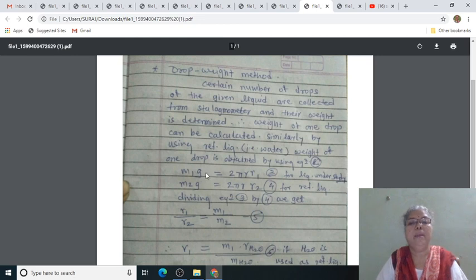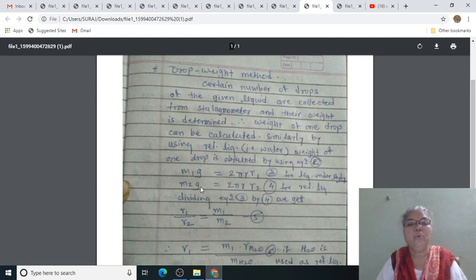Here simply we have to use this formula, that means the weight of the drop is equal to 2 pi r into gamma. Here for the liquid under study we use the letter 1. Therefore, m1 into g is equal to 2 pi r into gamma 1. And for the reference liquid, usually water, we use the letter 2.